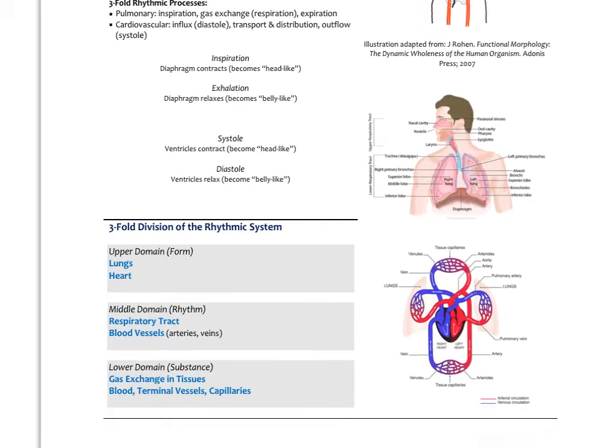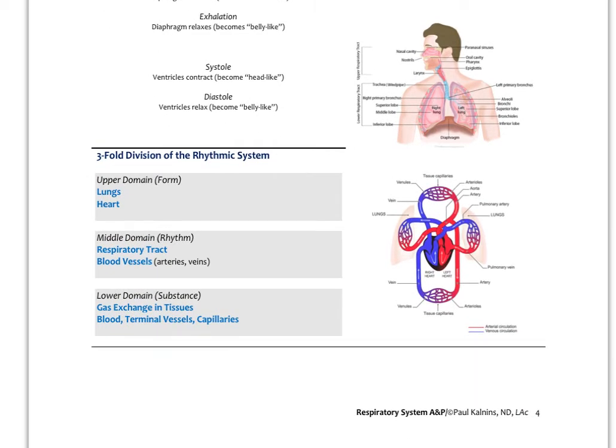So that's the general threefold division into the information system, rhythmic system, and metabolic system, but we can think of a threefold division in the respiratory system itself. At one end, we have the lungs, and at the other end, we have the gas exchange in the tissues, and that would be at the mitochondria, at the cell level, and the utilization of the oxygen in mitochondria.